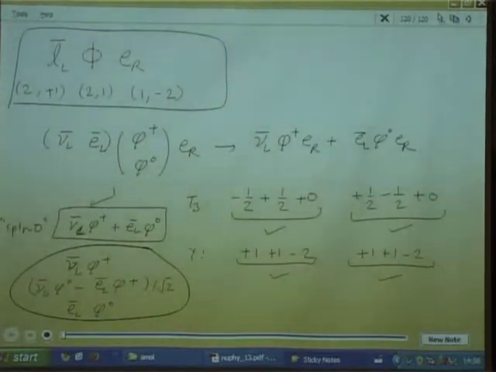If you calculate T3 for this, it is minus 1, then 1, and then 0. So this is T3 equal to plus 1, 0 and minus 1.